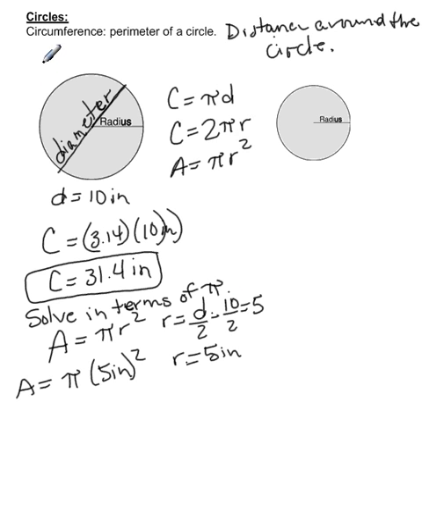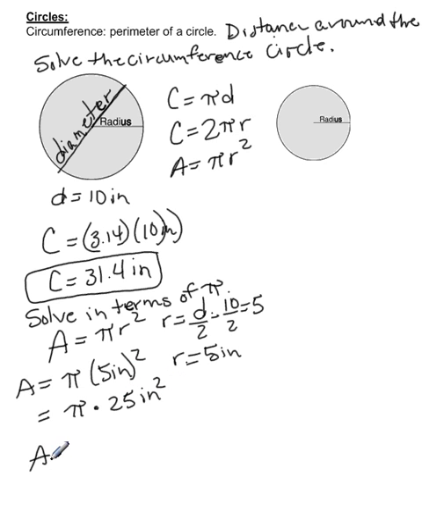If this one just said solve the circumference, and it didn't say anything else, or if it said round to the nearest tenths place, then you would have your decimal in there and you would round it off. But this one says solve in terms of pi, so it's going to be easier than that, because it's just going to be pi times 5 times 5 is 25, and inches times inches is inches squared.